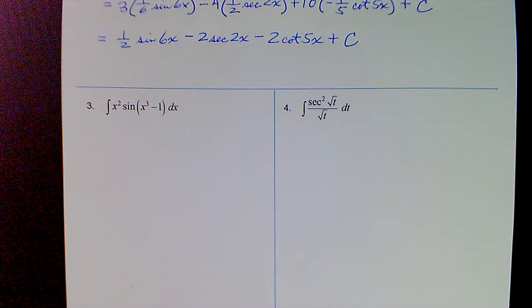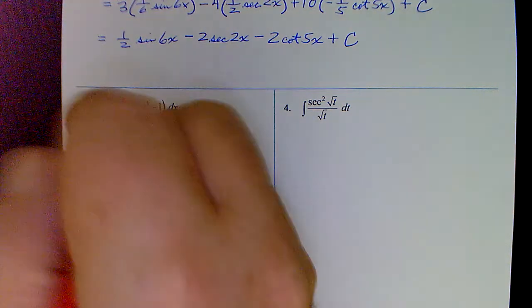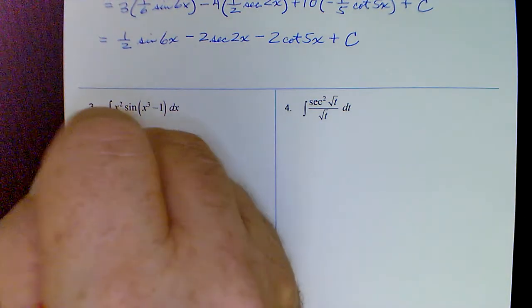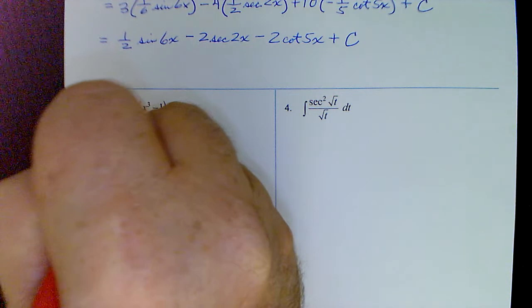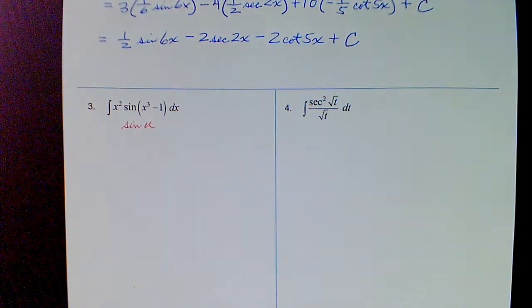So when we see an integral that involves a product of algebraic and trig functions, focus on the trigs first and ask yourself, does it fit one of the basic 6? Like in this example, I just focus on the sine and I ask, do I have a formula for sine of u? And we do.